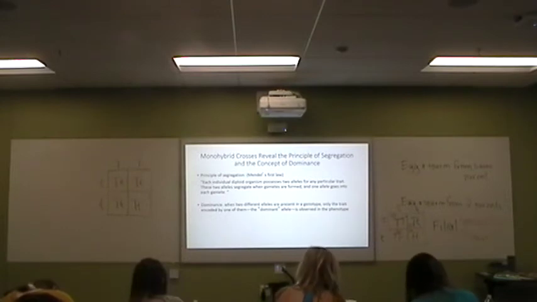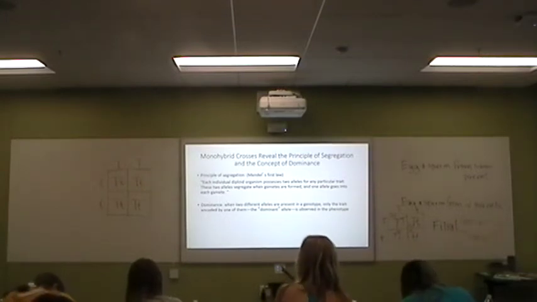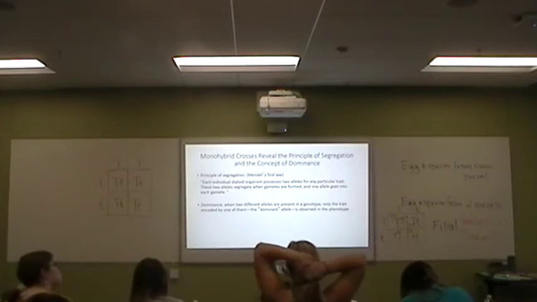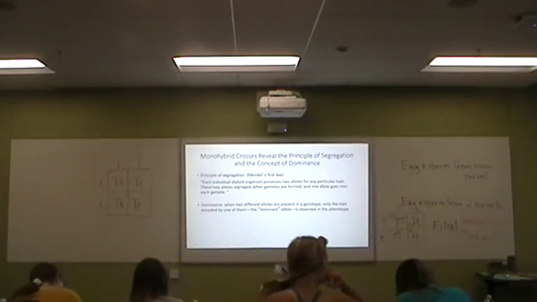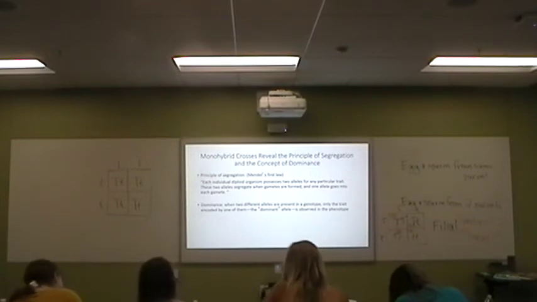So the worksheet for chapter 3 is looking at 3 major concepts. One is our law of segregation, one is going to be the law of independent assortment, and the third will be, I think, 1 pedigree practice problem on there. So you can go ahead and start.